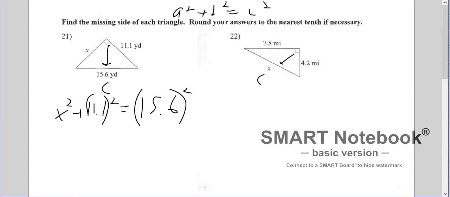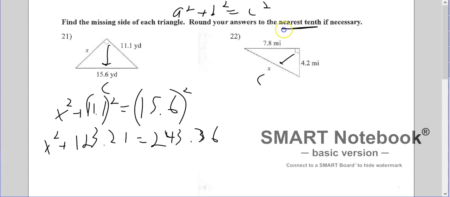All right. So 11.1 squared is 123.21. So x squared plus 123.21 equals 15.6 squared, which is 243.36.